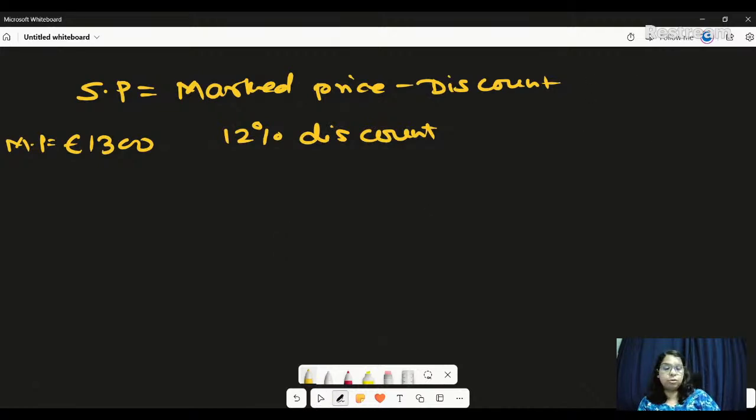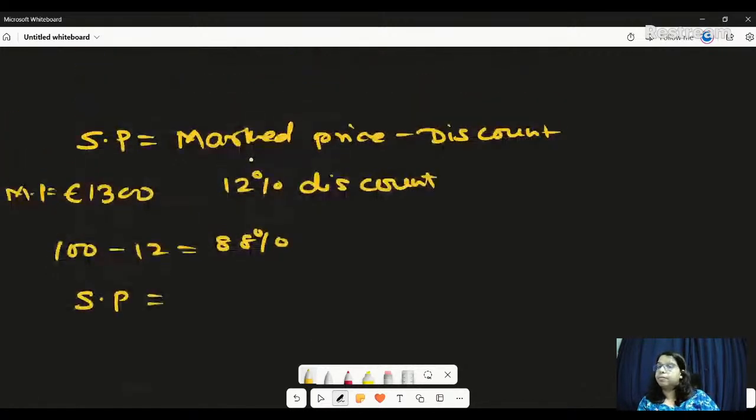12% discount means we will subtract 100 minus 12, equal to 88%. So your selling price is equal to 88% of the marked price.